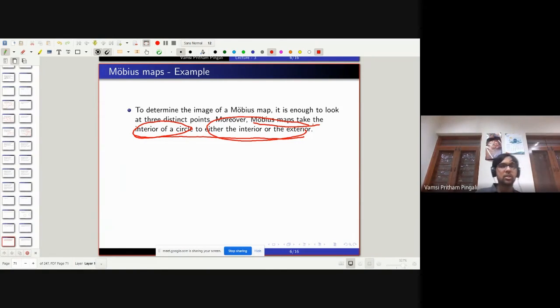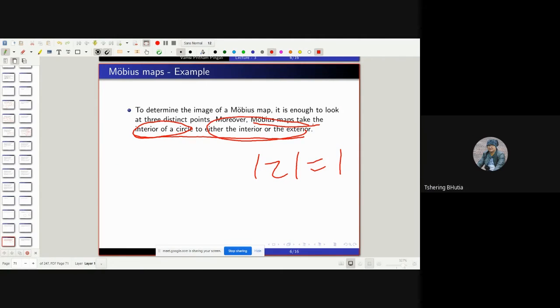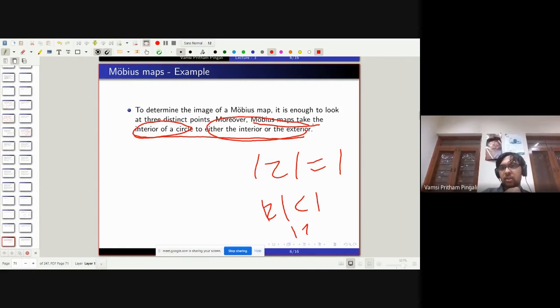Let's take your favorite circle, say |z| = 1. What is the meaning of the interior? |z| < 1. And the exterior is this. So this is the interior and this is the exterior.